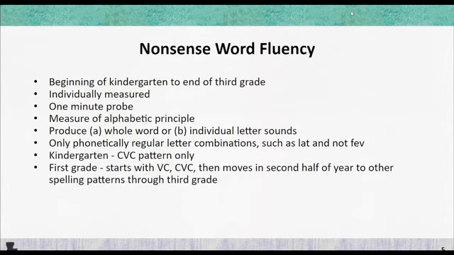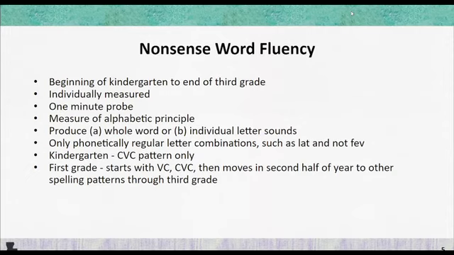If the nonsense word was read as a whole, either initially or after sounding out, the student receives credit for the whole word read correctly. Students are given 1 minute to read or sound out as many nonsense words as they can.